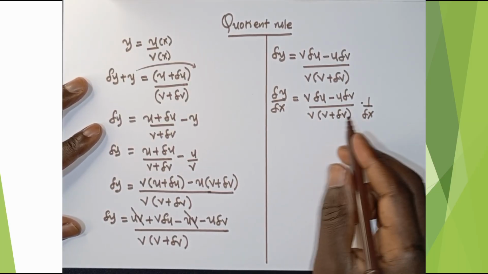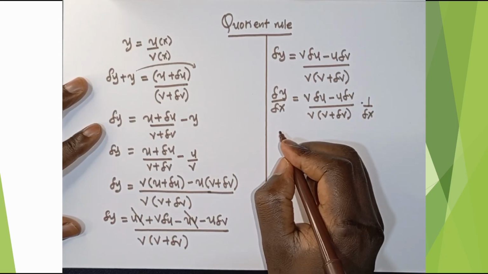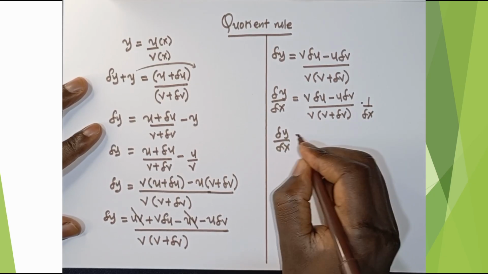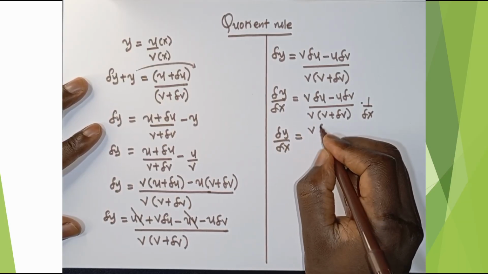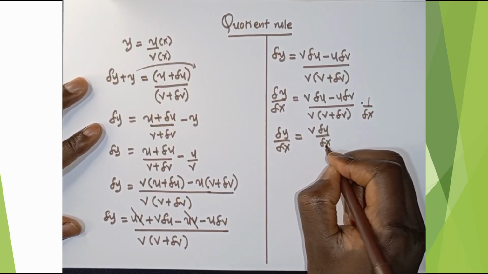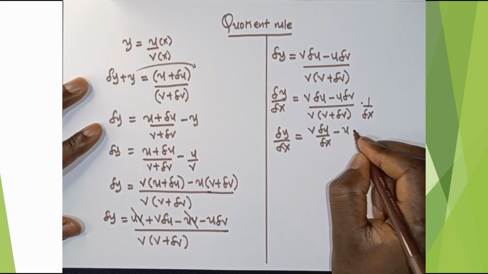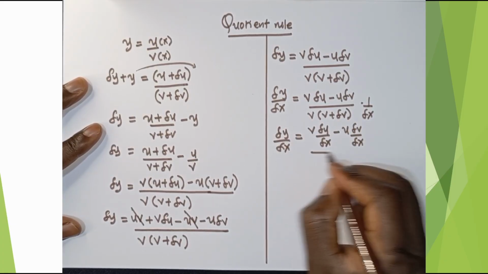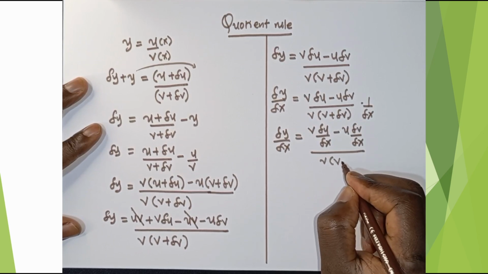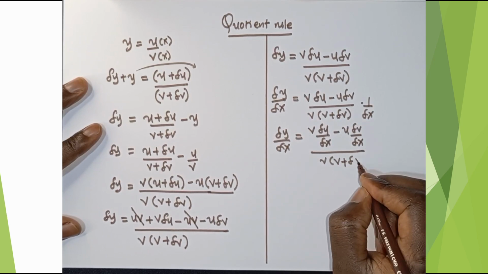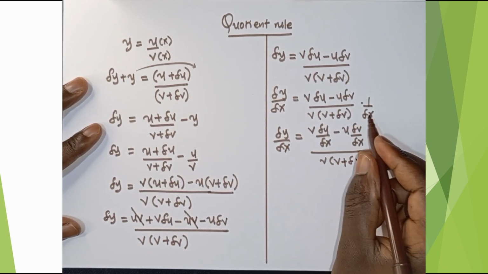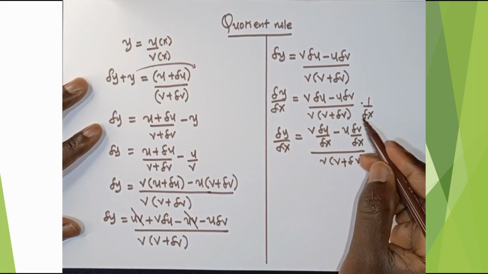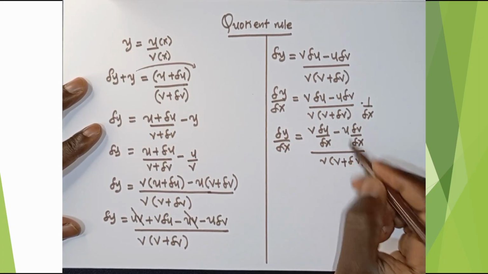Dividing through by delta x means everything is going to acquire that. We shall have delta y out of delta x equal to v delta u out of delta x minus u delta v out of delta x, then everything out of v into v plus delta v. We have just wanted to divide it throughout on each individual term such that it makes sense.